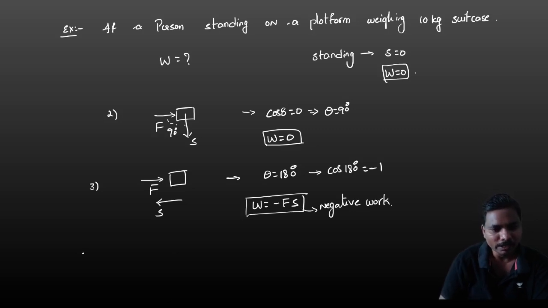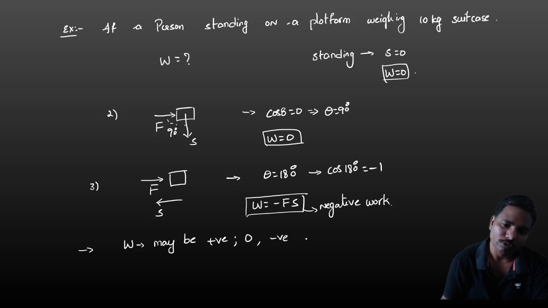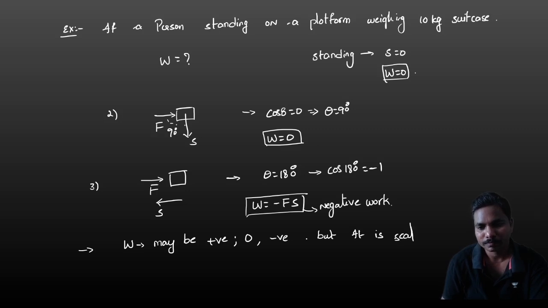Okay, so here we can say work may be positive, zero, or negative, but it is a scalar quantity only. Why?